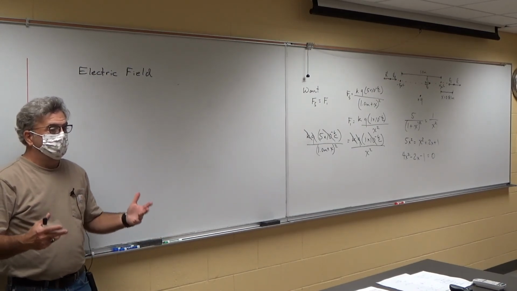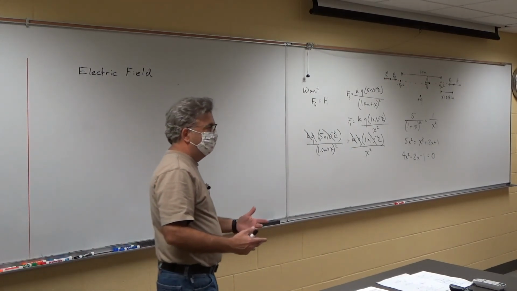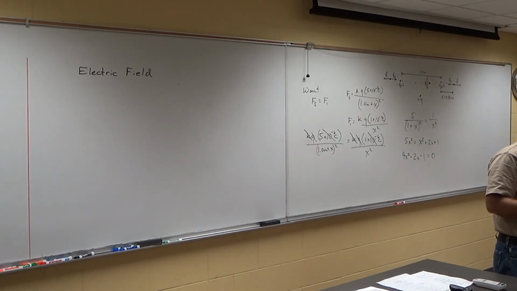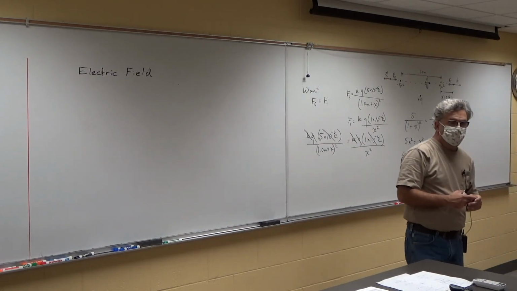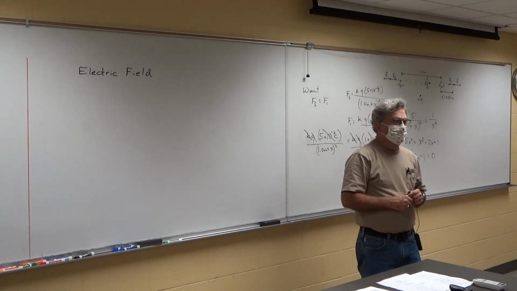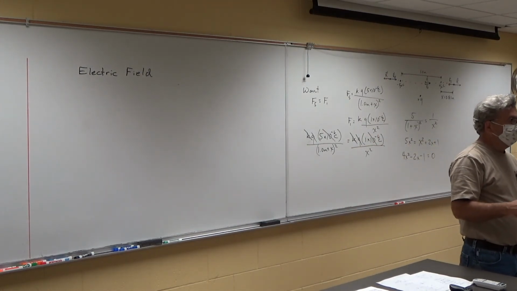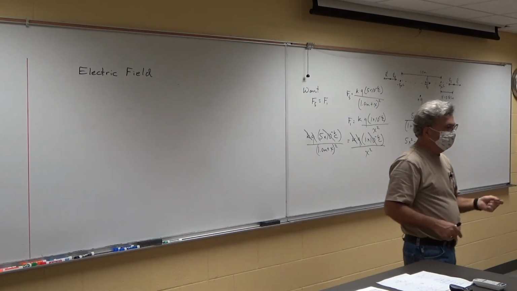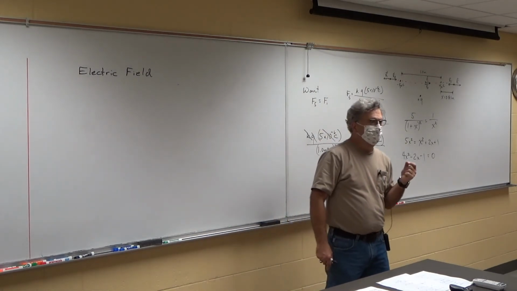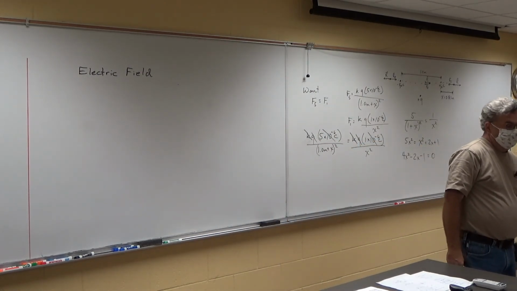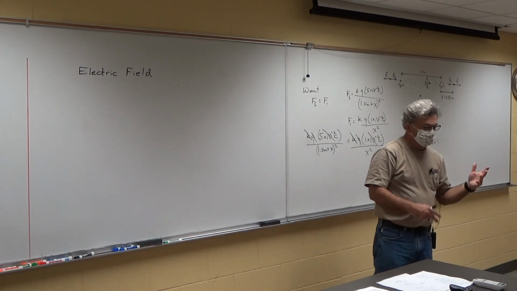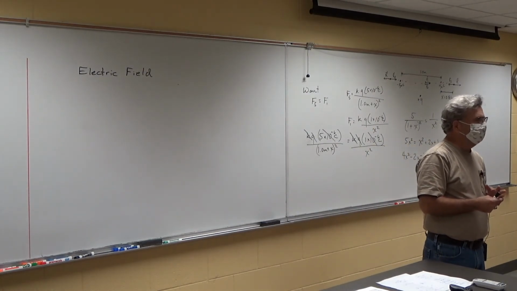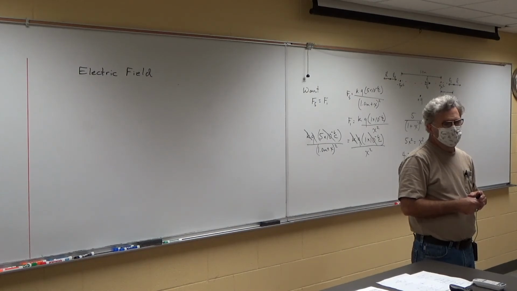It is not just some sort of construct that helps us solve these problems. The electric field is a real, measurable quantity that exists, just like the gravitational field. The gravitational field in this room, we can measure, and it is a physical quantity that we think of as existing in space. When you get to upper level physics, many things are based on this idea of a field. And it's not just an idea, it's a physical entity.